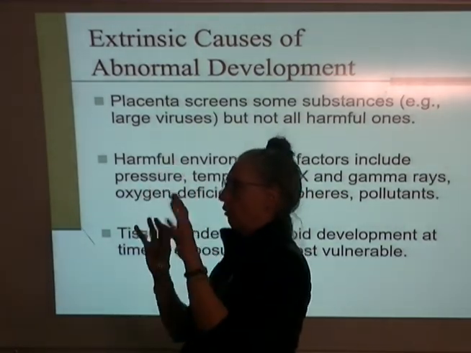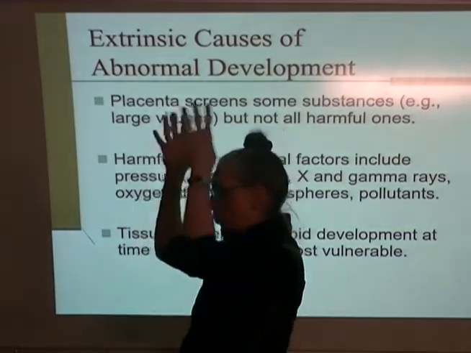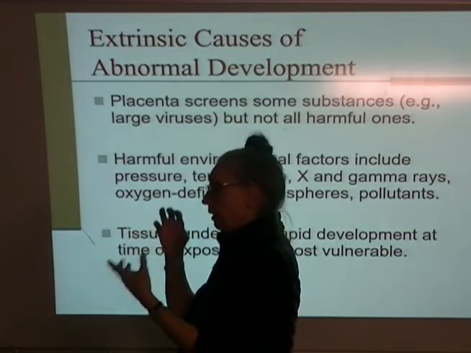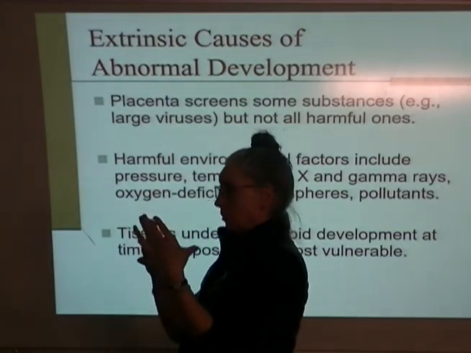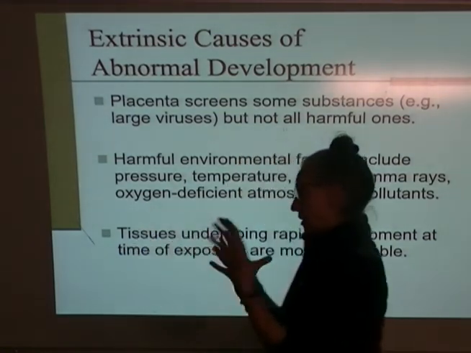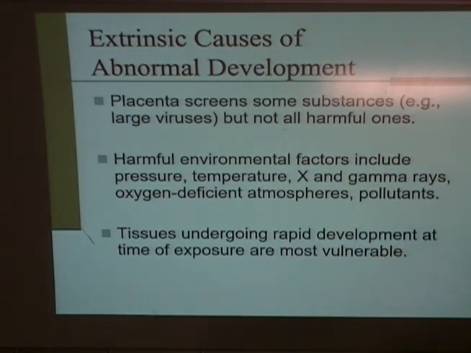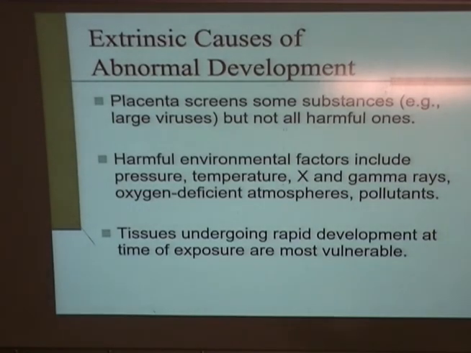The baby doesn't grow in one piece, right? So different systems are developing and growing at different times within the pregnancy. So the system that is doing the developing at the point of exposure is the system that could be vulnerable, okay? So I'll come back to that idea in a minute.